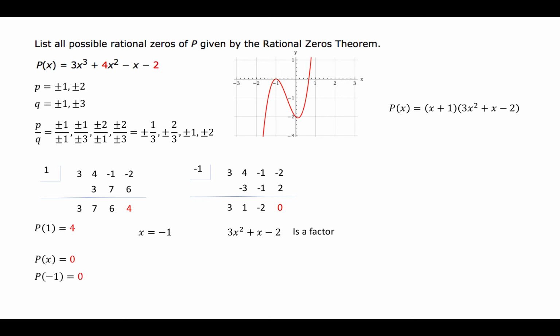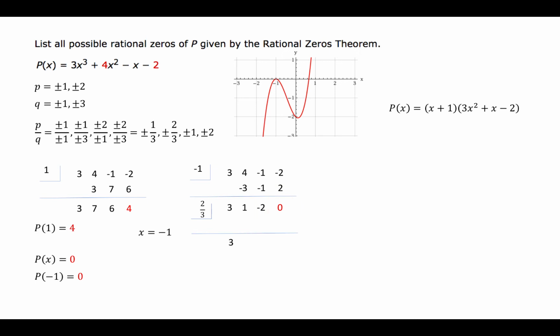So we will continue this process by choosing another possible root from the list. Let's try 2/3. So we will write 2/3 in the half of a box next to the last row from the previous division. We can do this since the last term is a 0. Now again, leave a space and draw a line.